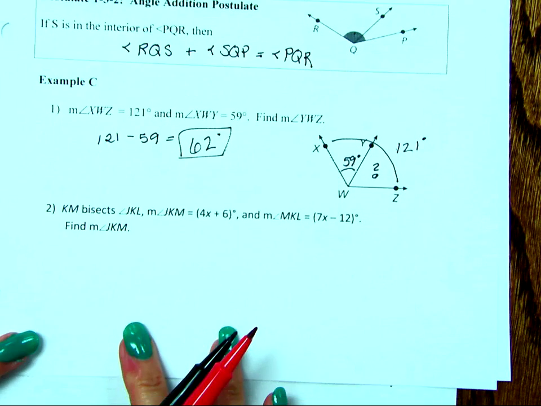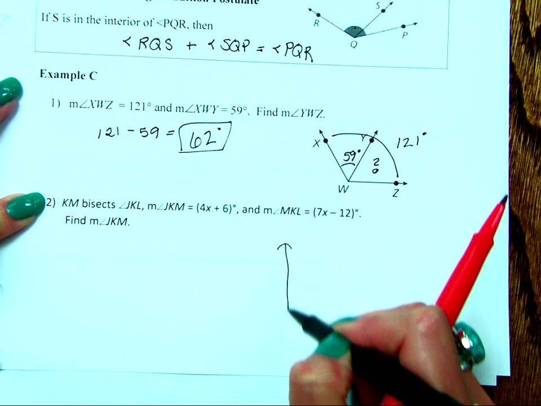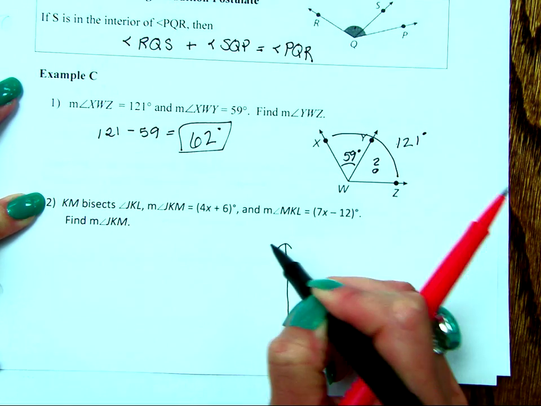Sometimes they don't give you the picture, and I would suggest that you give me a little sketch. In question number 2, they say that KM bisects angle JKL. Let's just start with that. Let's just sketch an angle JKL.